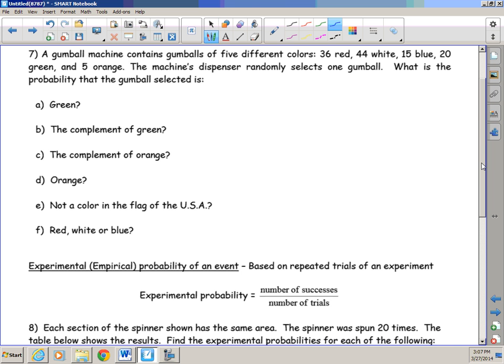So I add up all my gumballs, and I have 120 of them. So 120 is always going to be my denominator, and my numerator is just whatever that event is. Green, 20 green. Complement of green, 100 out of 120. The complement of orange, well, there's 5 orange, so 115 out of 120. So how many orange? 5 out of 120.